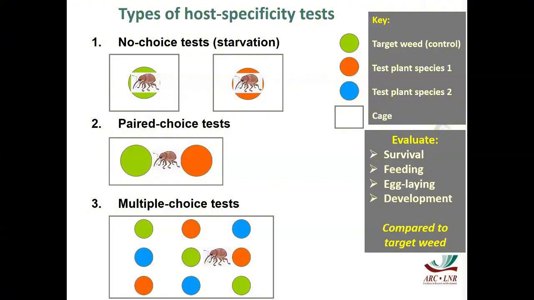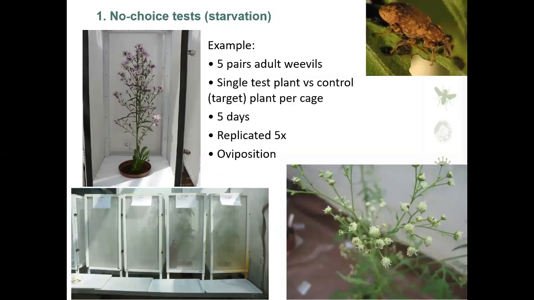Should we still see some results, we could also take them into much larger walk-in cages where we expose them to multiple test plants as well as the target weed. For example, in this setup, we would have 5 pairs of weevils, and we would expose them to the single target plant on the top here.